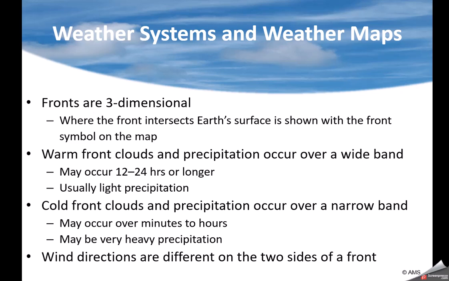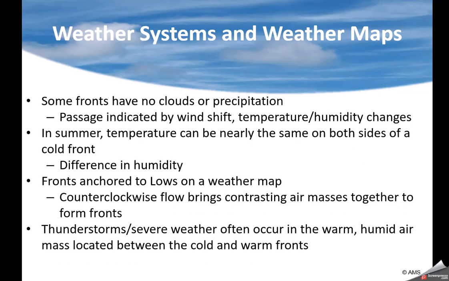That's a warm front. With a cold front moving in, you might get a very steep thunderstorm, and then it's over. Very different kind of weather with them. And sometimes a front comes past with no changes in the weather except a change in temperature or humidity.